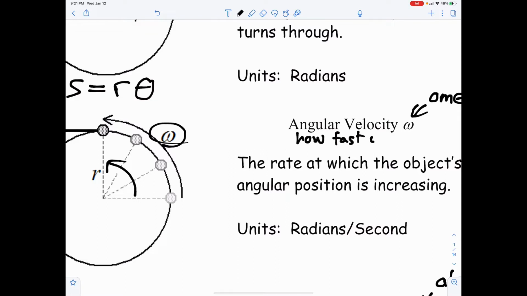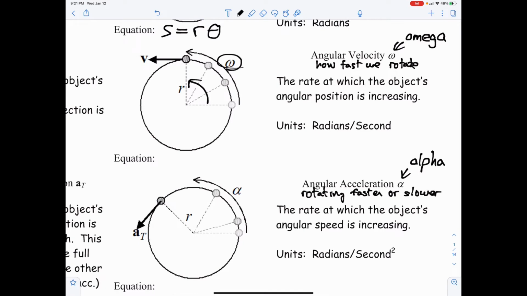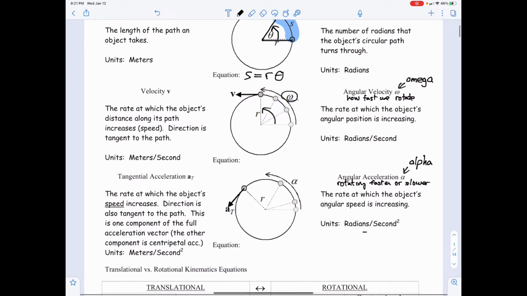Angular acceleration refers to rotating faster or slower. In other words, spinning faster or slower. This is just the overall rate of the spin. The units would be radians per second squared for alpha.